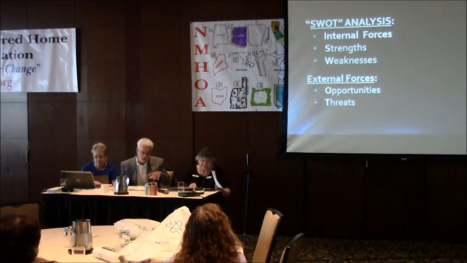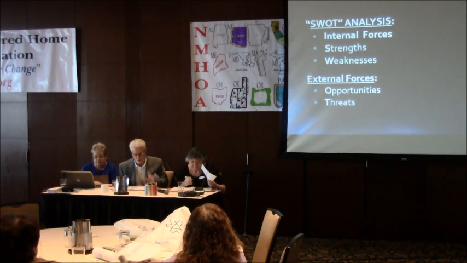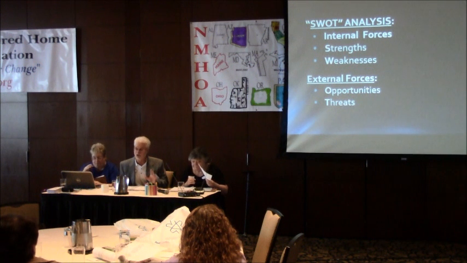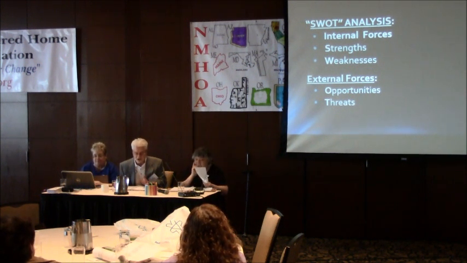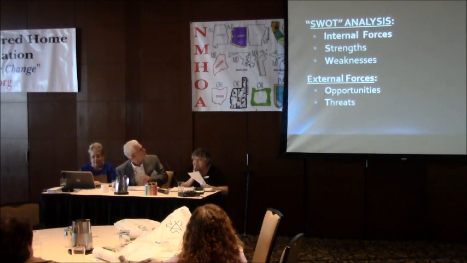And we've got a chart where people could go through that and identify the strengths and weaknesses of those internal forces. With external forces, you have opportunities and threats. That would be the external conditions and trends: economic, technical, political and legal, social, and community. Next slide.